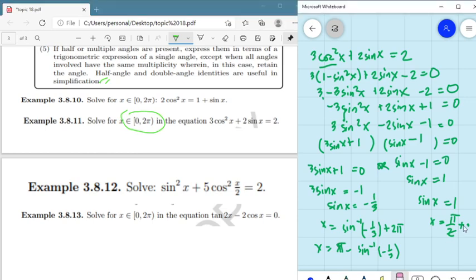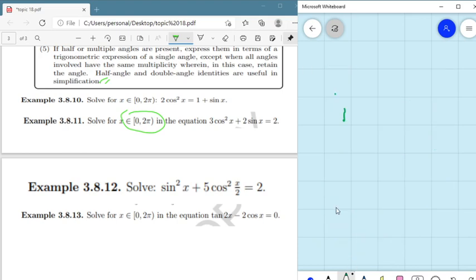No need to add. Okay, so our answer would be pi over 2, then this one, and this one.